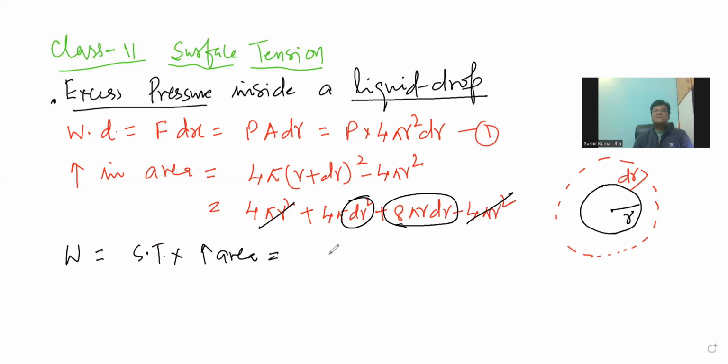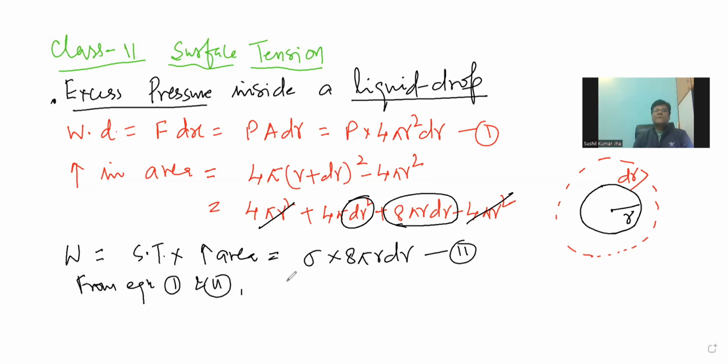So this is surface tension sigma and increase in area is 8 pi r dr. So from equation 1 and 2, P into 4 pi r square dr is equal to sigma into 8 pi r dr, which means dr gone, 4 pi and 8 pi, so 2, and r gone.